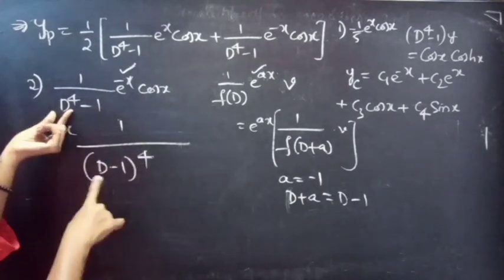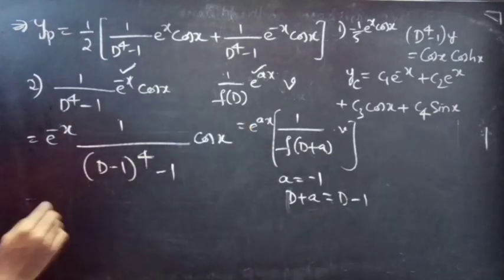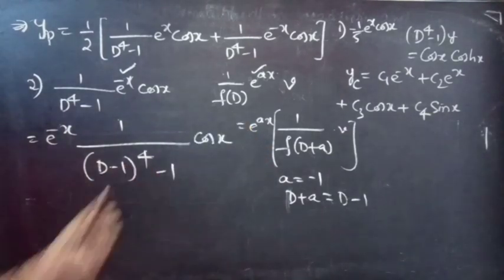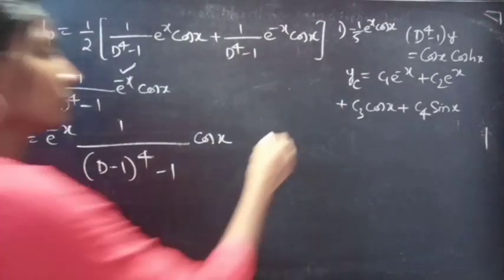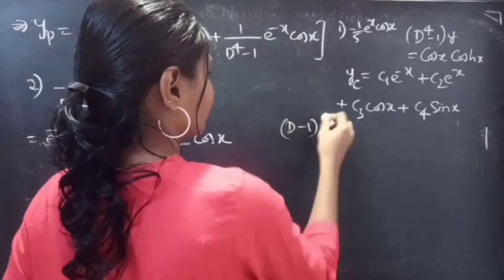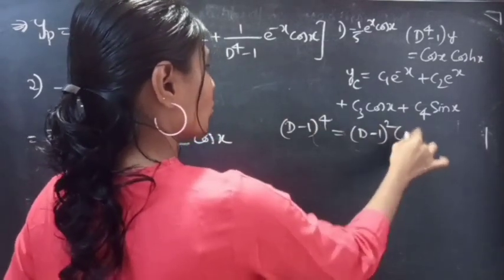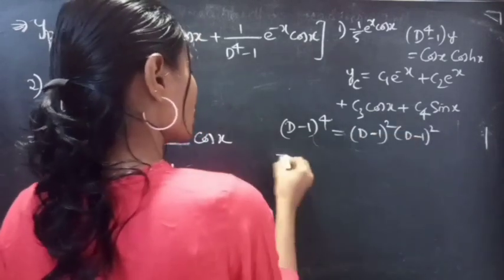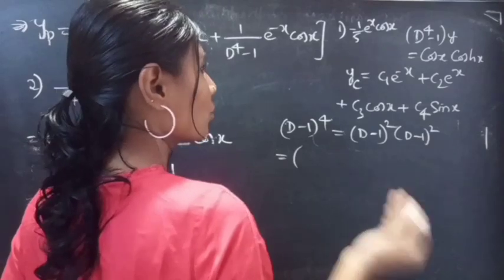Okay, we'll get d minus 1 whole power 4 minus 1 into cos x. Now we need to expand d minus 1 whole power 4. We can write d minus 1 whole power 4 as d minus 1 whole square into d minus 1 whole square, which is equals to, we know the expansion of d minus 1 whole square using a minus b whole square expansion.